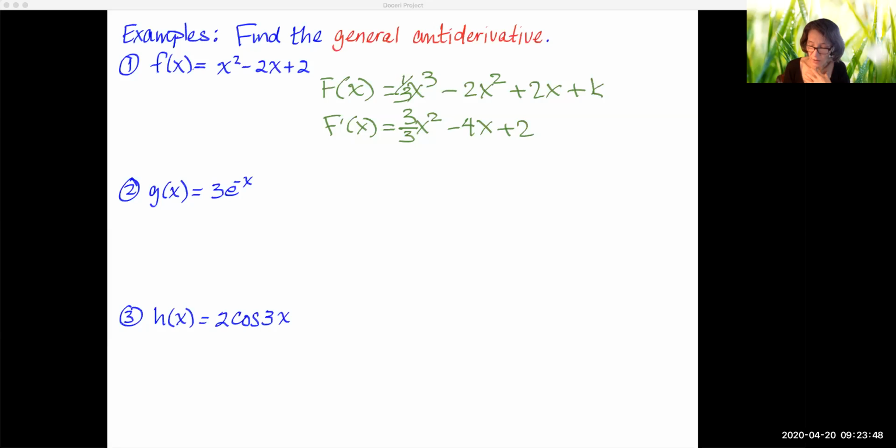And also in the second term, 2x squared didn't work because when I differentiated, I got 4x and I needed a 2x. So perhaps I should have just left it as x squared, because then when I differentiate, I would just get 2x.